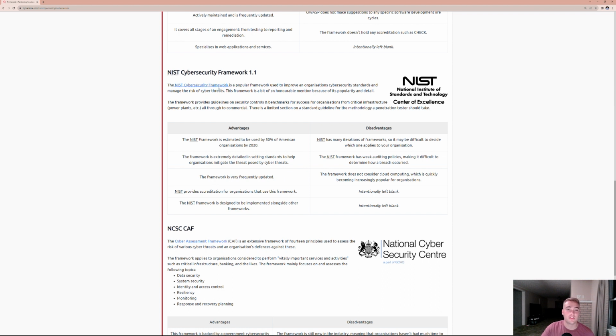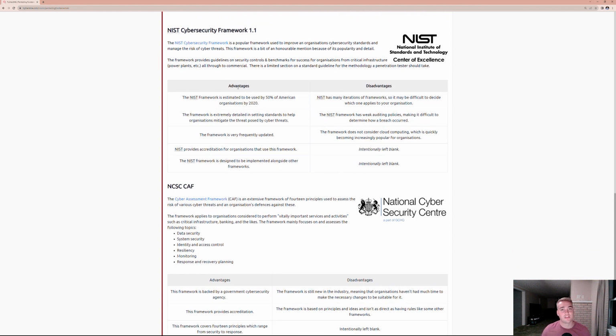So maybe they're referencing a specific framework that NIST writes, but NIST puts out special publications all the time that go in depth on all of these things. So the difficulty that you might have when you're trying to figure all this out and using NIST specifically is just finding out which special publication to reference.